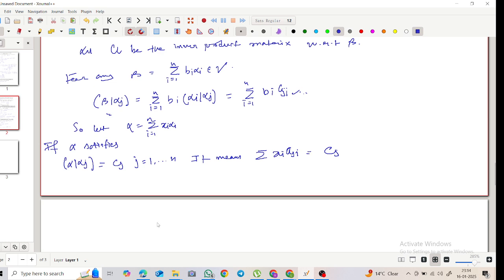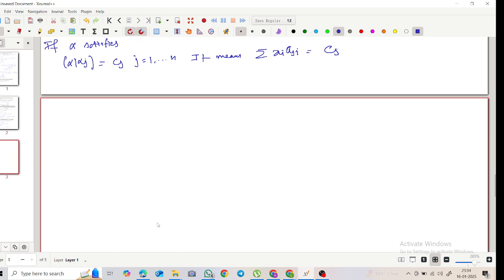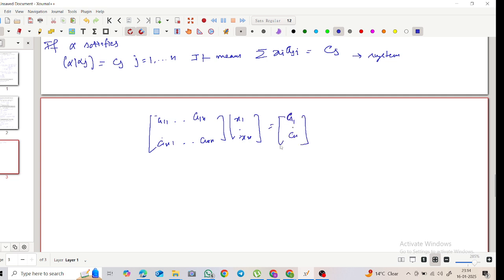So what do we need to do? This is a system of equations, no? This is a system of linear equations, right? So you need to solve this. Just write down the inner product matrix, right? This is c1 to cn, okay?